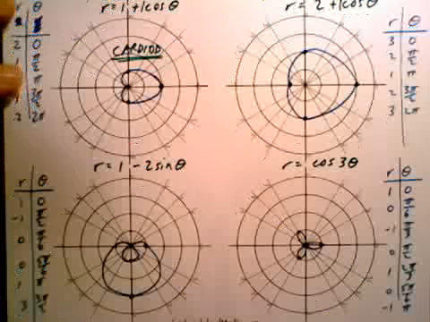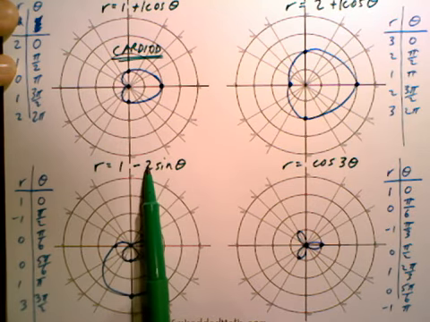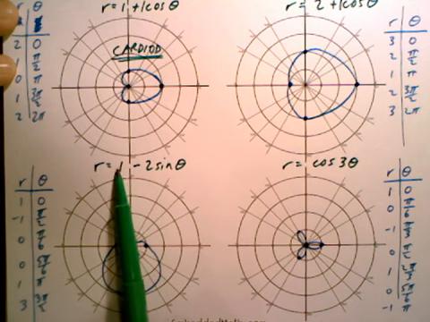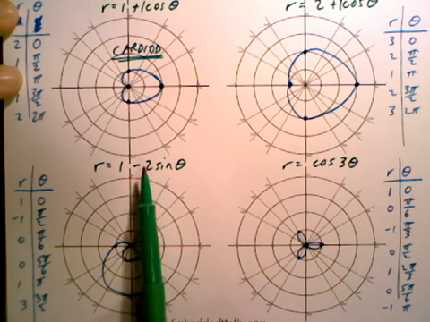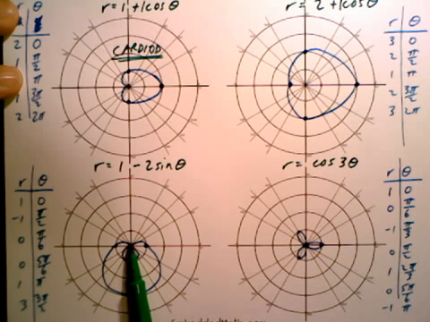The other thing I want to point out is when the first number is smaller than the second, whether it's a minus sign here or a plus, 1 is smaller than the 2, you're going to get another special type of limacon in which the curve not only gets back to the pole, but it makes a little loop.